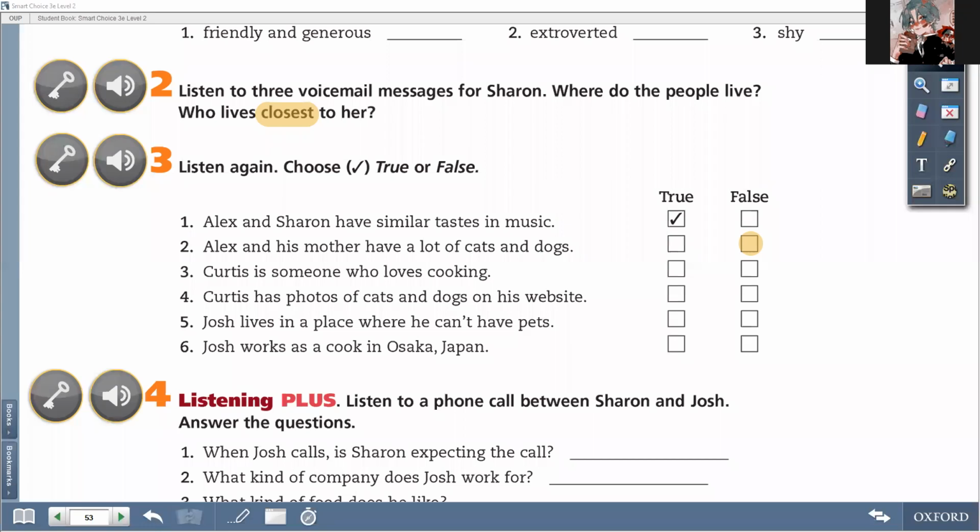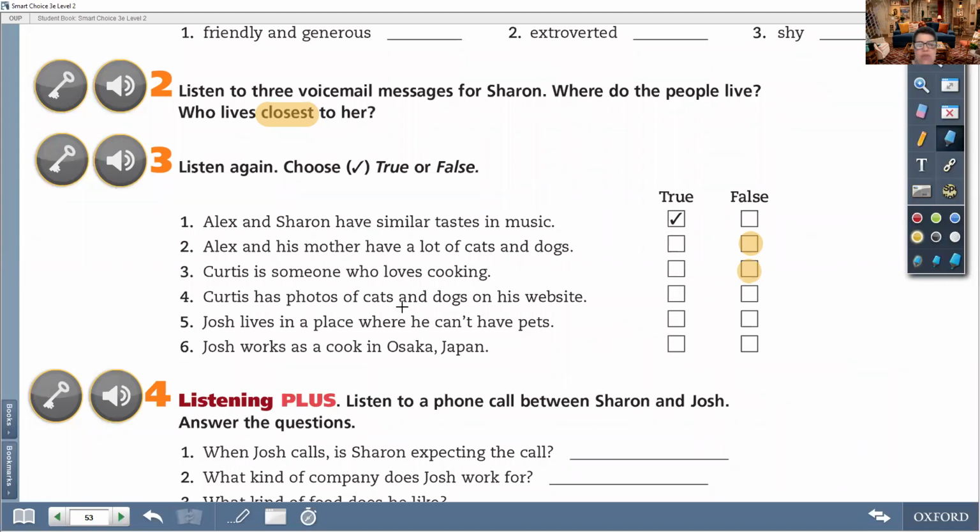Okay, so before we go to the third candidate, let's see about Curtis. Okay, so Curtis is someone who loves cooking. Is it true or false? False. Very good, Annalise. Congratulations. So it's false. He doesn't like cooking. Okay, Pedro. Now let's see number 4.